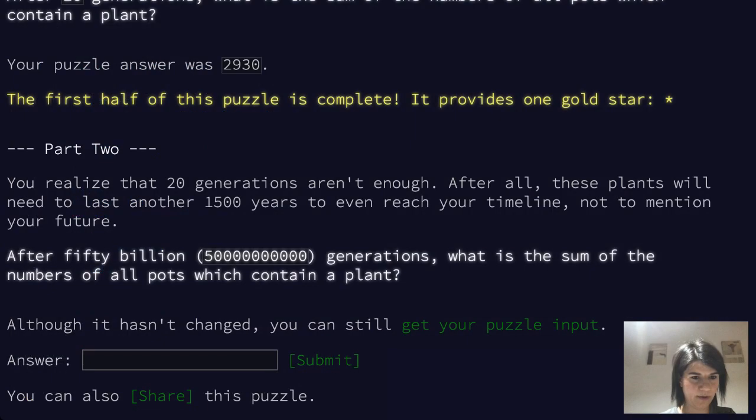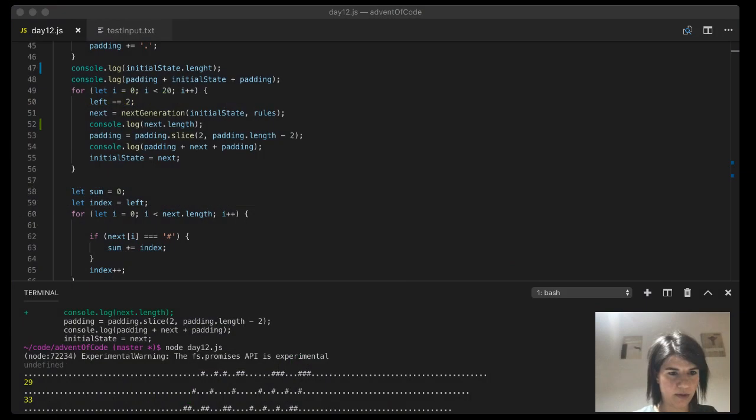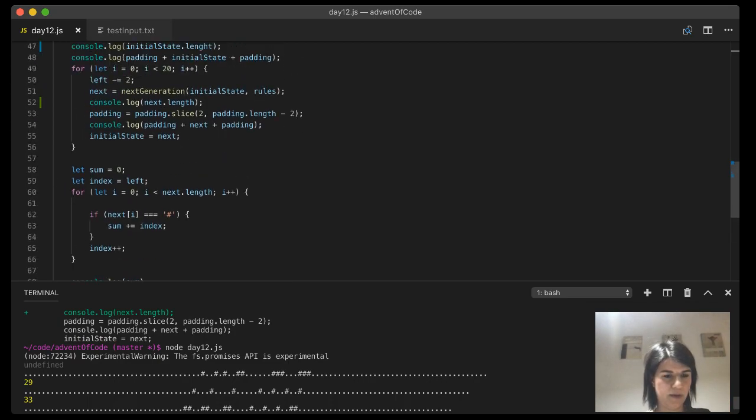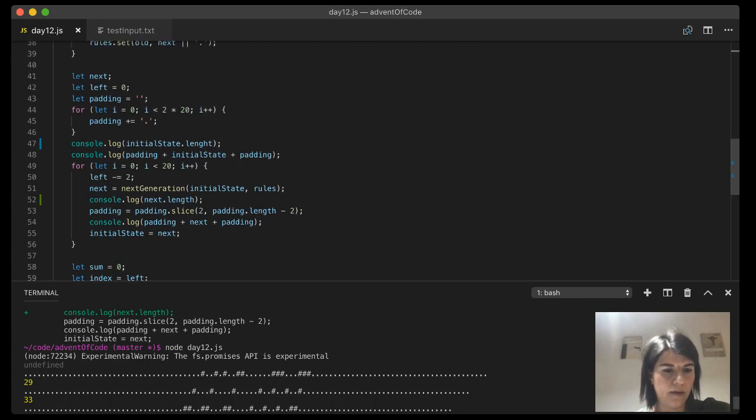Let's double check if that makes sense. Oh, it doesn't matter. It always grows the way that I'm writing it. Yes, because I could have gotten 2 on the left and 2 more pots on the right. And my padding is 1 too short.